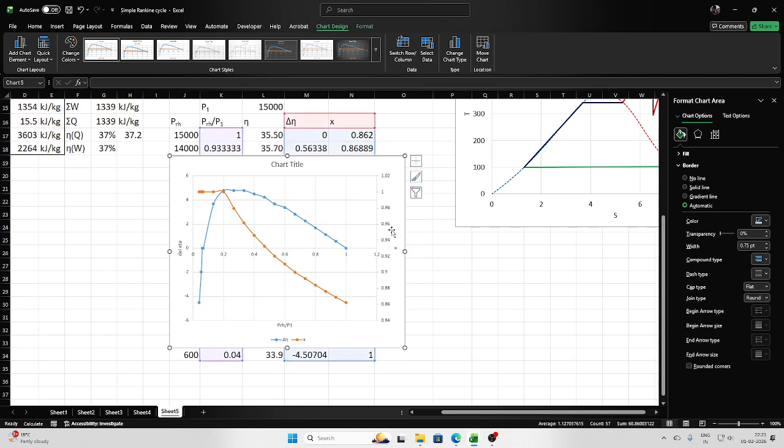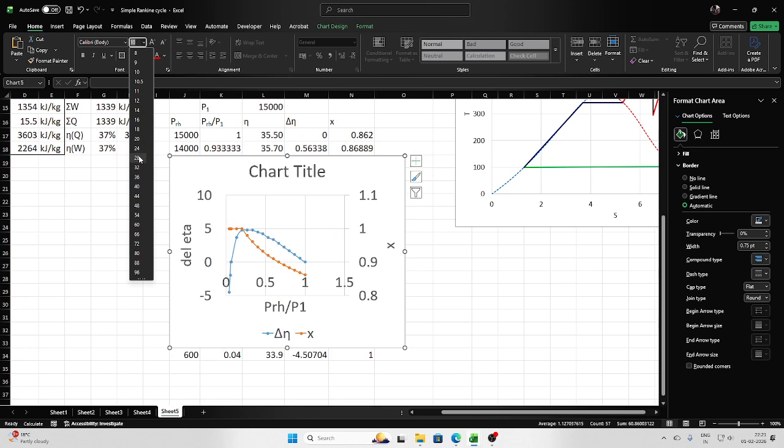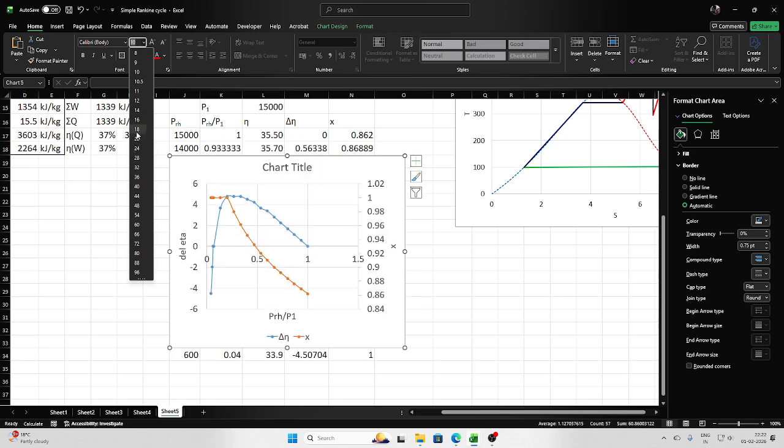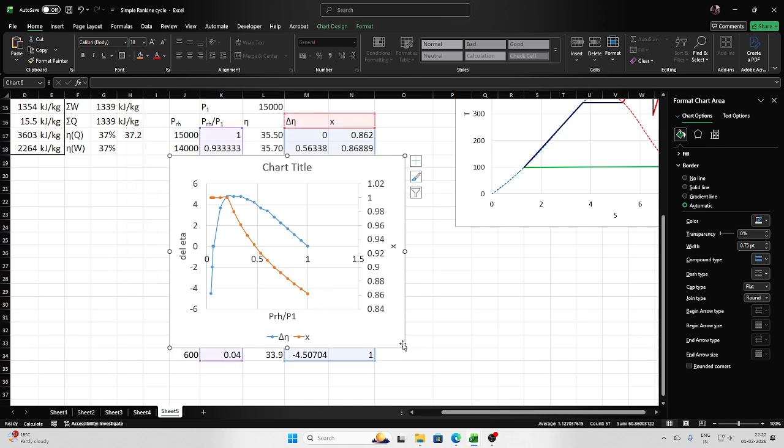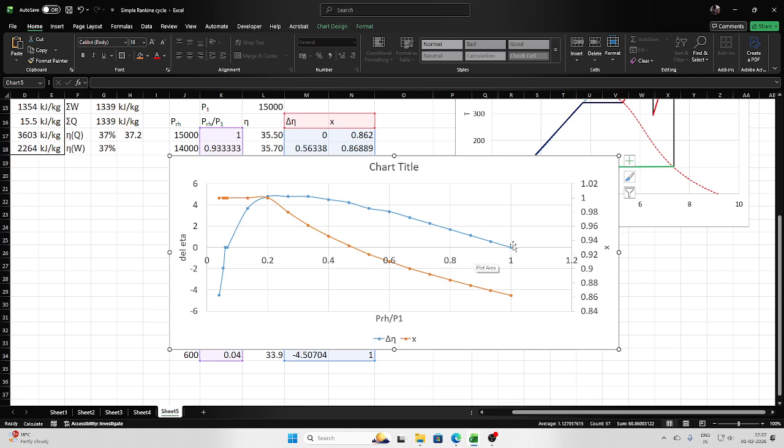Now I have to do one more thing. I have to increase the font a bit so that it can be more visible. Now it is okay. Now you look at what is happening to efficiency as I reduce the reheat pressure. With reheat pressure reduction, I am continuously gaining efficiency.